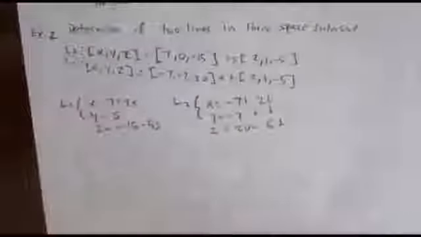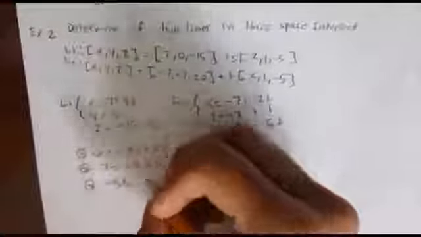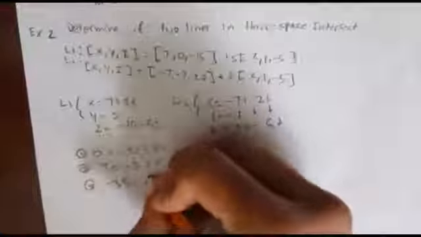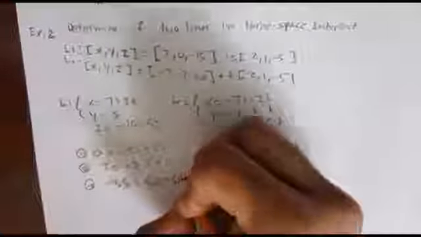So now what we do is we're going to do the same thing. We're going to equate the like equations, and we're going to get 0 is equal to negative 2s plus 2t. For equation 2, we're going to get 7 is equal to negative s plus t. And for equation 3, we're going to get negative 35, which is going to be equal to 5s minus 5t.